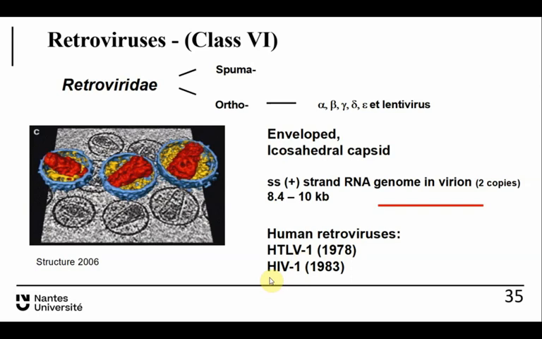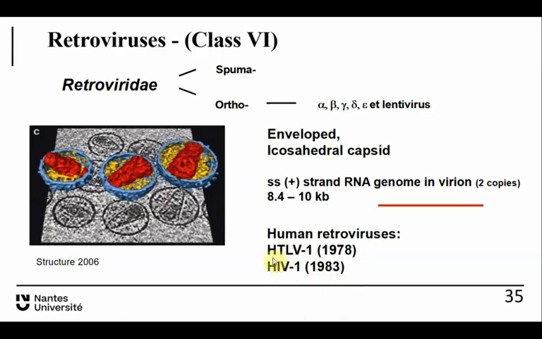And in the beginning of the 1980s, Françoise Barré-Sinoussi and Luc Montagnier discovered HIV-1 at the Pasteur Institute. And out of these 2, there's evidence that HTLV1 has been infecting humans for at least a few hundred years. But HIV-1 is a recent introduction.